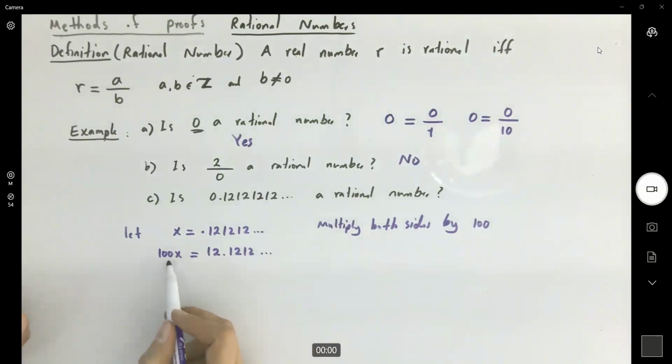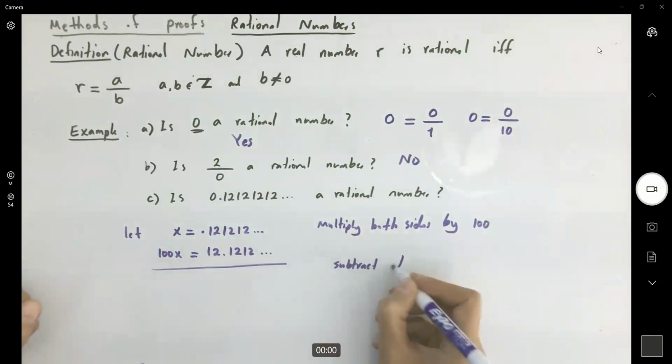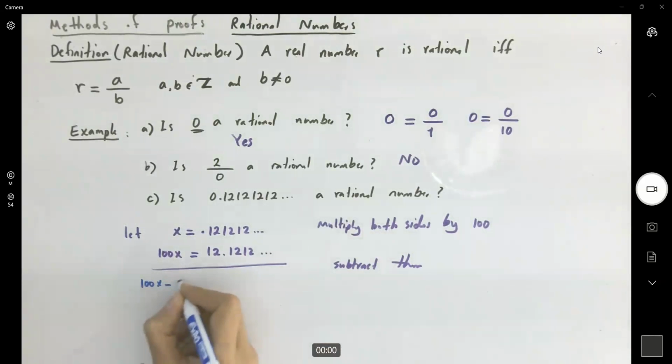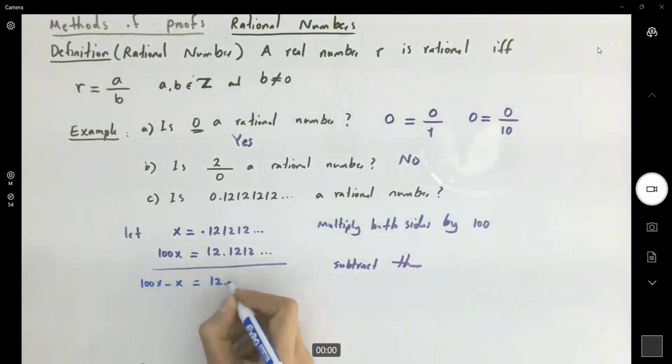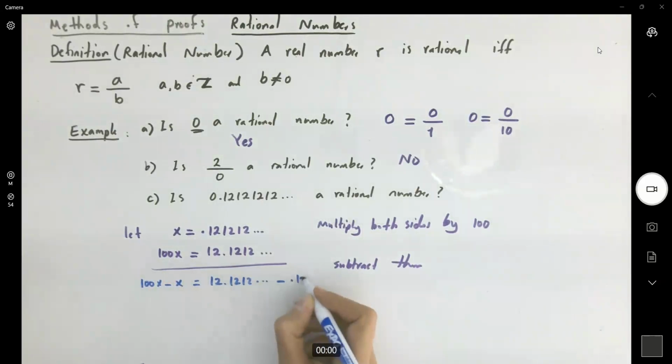I have 100x, I have x. What I'm going to do, I'm going to subtract these two. I get 100x minus x, which is defined as 12.1212, the rest, minus 0.1212, and the rest repeats itself.